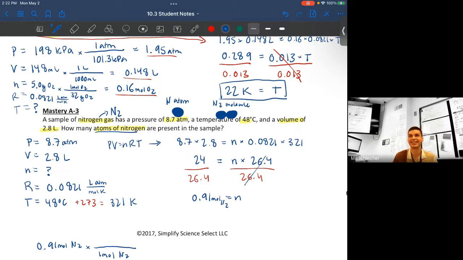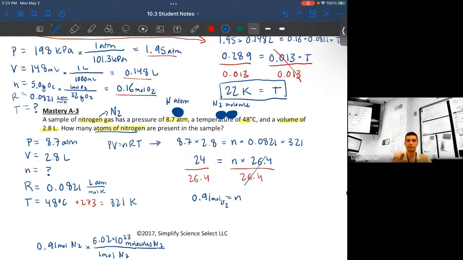Not 5. There are 6.02 times 10 to the power of 23 molecules in every 1 mole of N2.